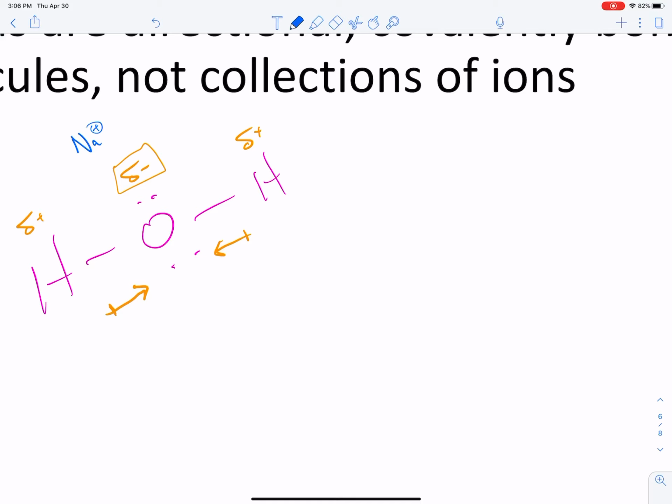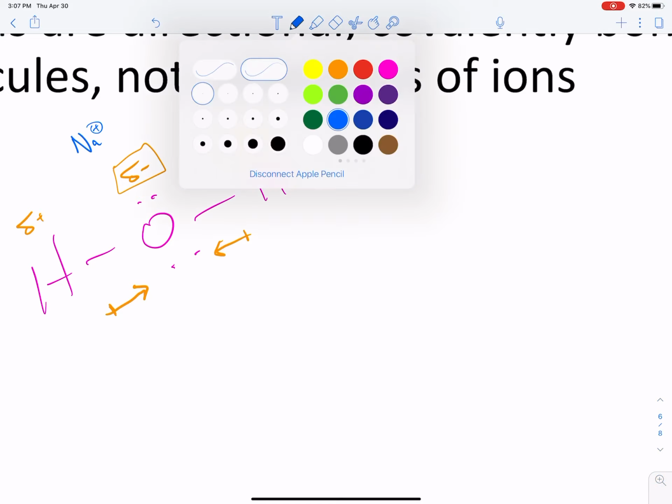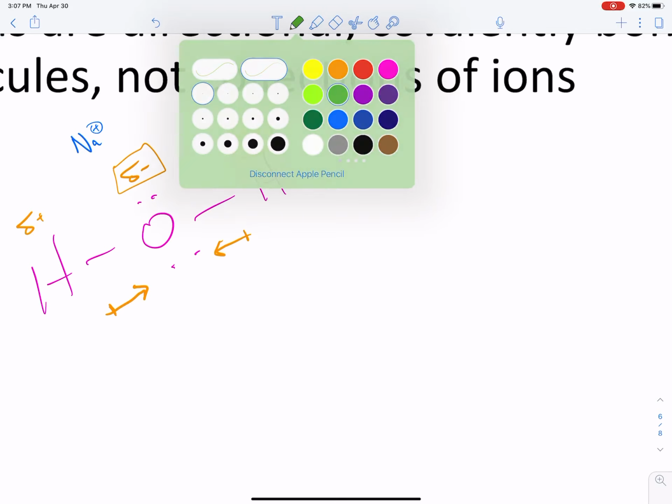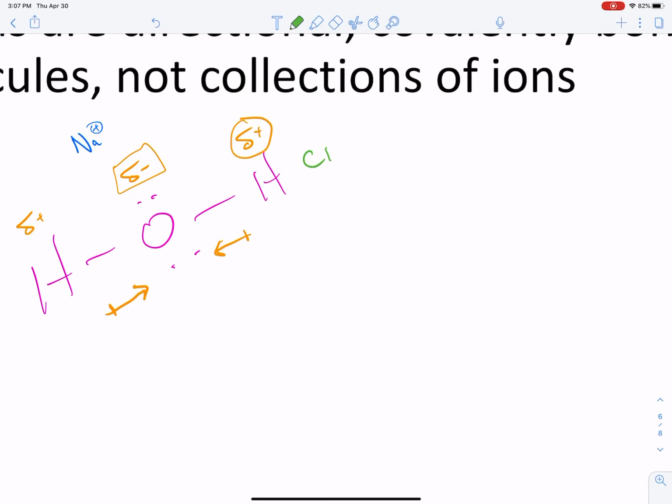You see that? The hydrogen, because it's positively charged, can be close to Cl-. Because of these pluses and minuses in their charge, they are able to dissolve ionic compounds. Water can dissolve ionic compounds.